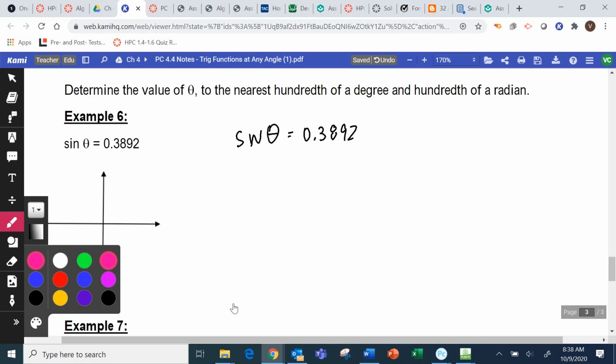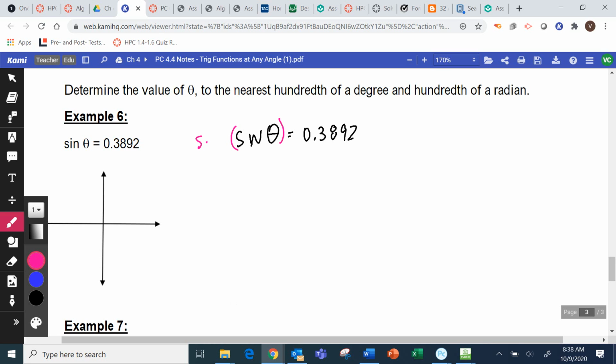There's only one thing that will undo sine, and it is the inverse of sine. Inverses are what undo each other, like multiplication and division are inverse operations. This is not being multiplied, so I use sine inverse. I'm going to do it to both sides of the equation.